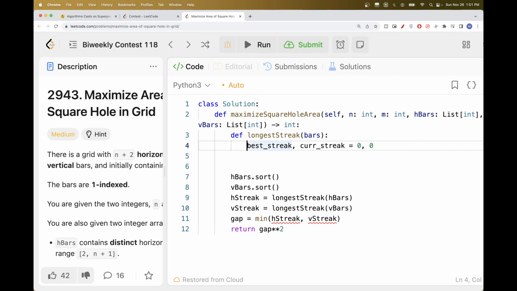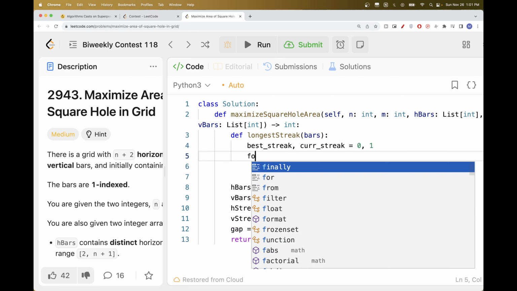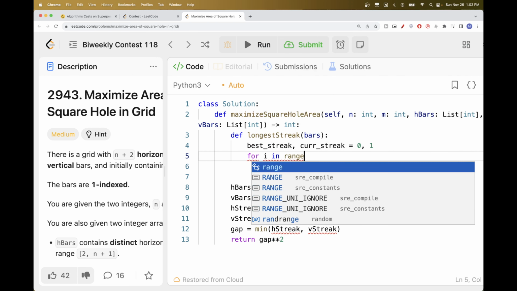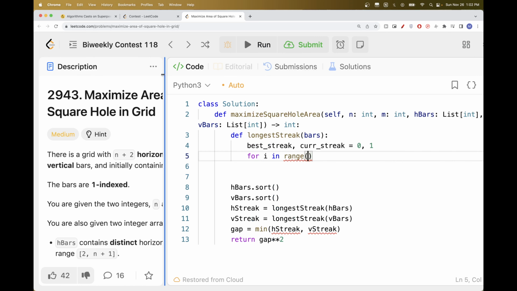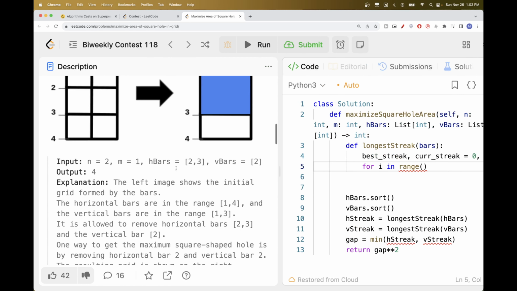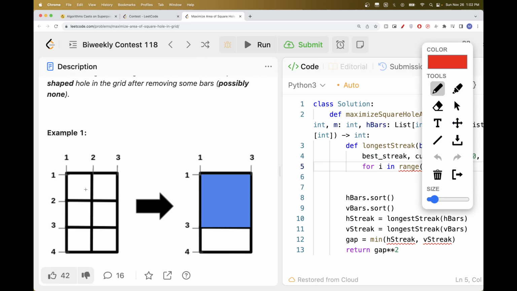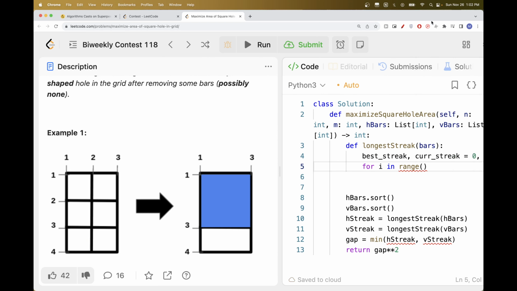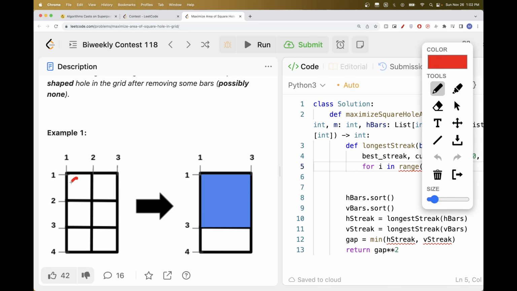And then, so the current streak actually starts at 1, because we want to compare, right? You can at least get 1, because if you look at the matrix here, you can at least get this one, even if you don't remove any bars. Of course, this is not a square, so you can't do it, but you can at least get 1 by 1, like this one, okay?